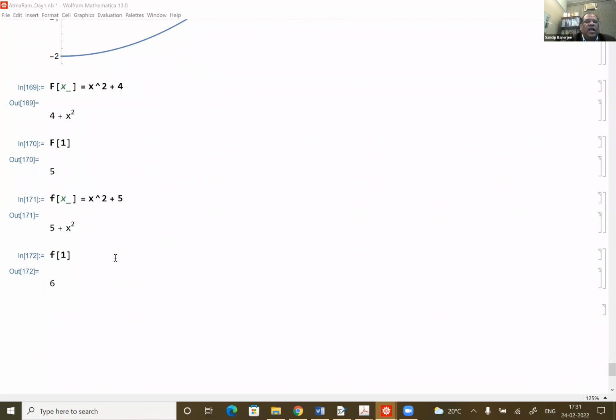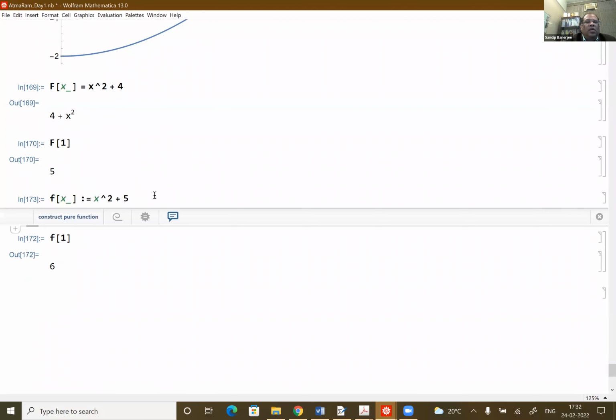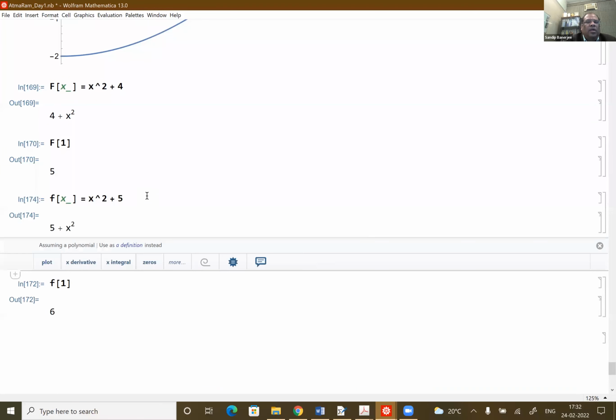So as you can see that here, the only difference is, somebody is asking if I put this one. So if you want to define this function, let me quickly check. So this is fine.